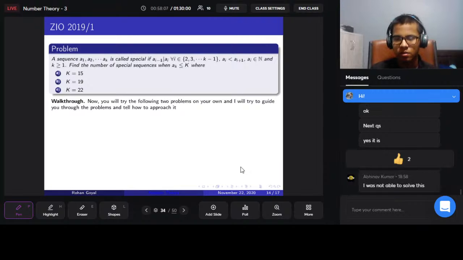Could you please try it now? Just try it right now. Whatever comes to mind, try it, and just tell me what your ideas are when you look at this problem.